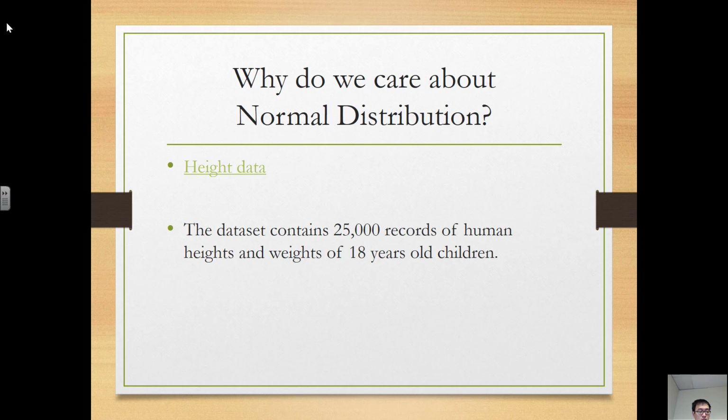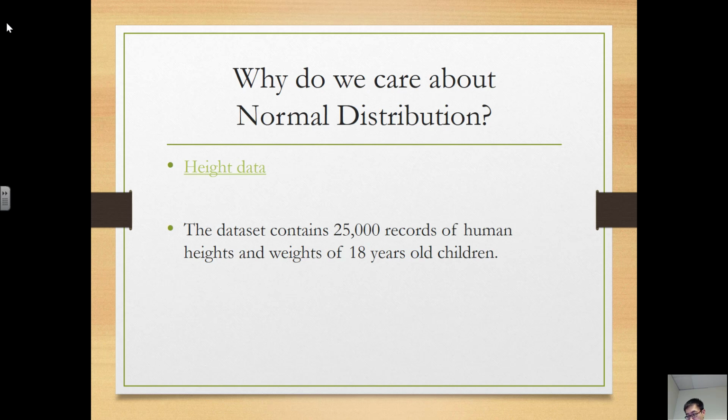That theorem tells us that if we have a large enough sample, then the sample mean will follow normal distribution. So that's one reason why normal distribution is important. Another reason is that a lot of data in nature just follow normal distribution.